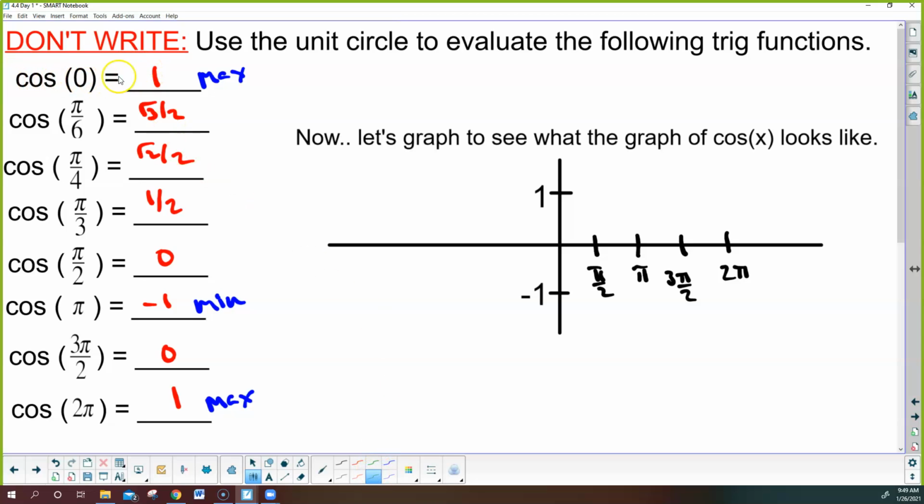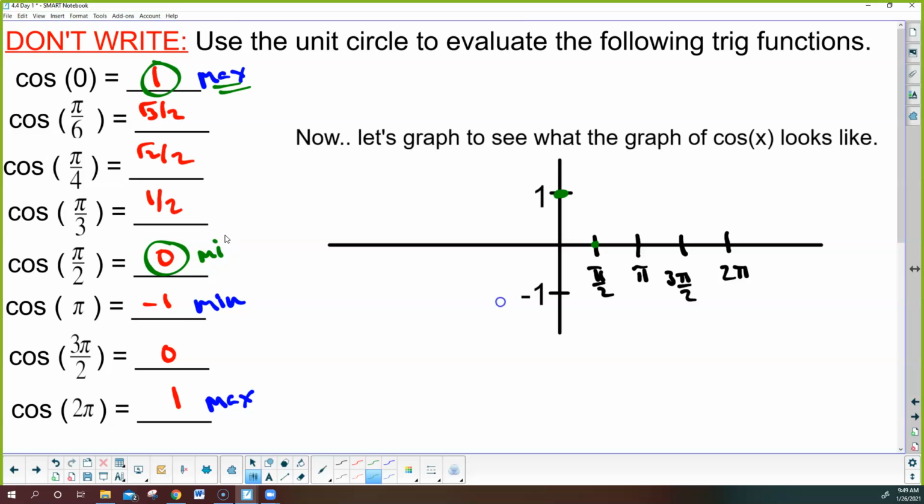But notice, where does cosine start? Cosine of 0 starts at the maximum. Sine started at the midline, but cosine starts up here at the max. And then we don't really have to graph the extra pieces. We're only looking at the 4 quadrantial angles. So then where do we go? Cosine at pi over 2 is at 0.